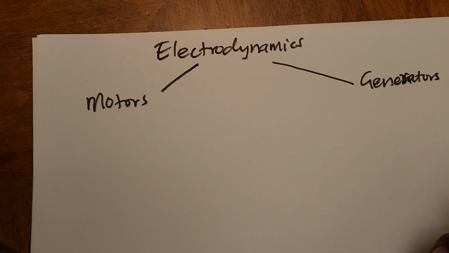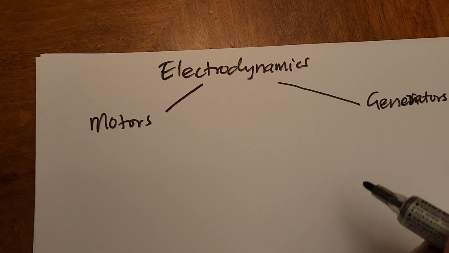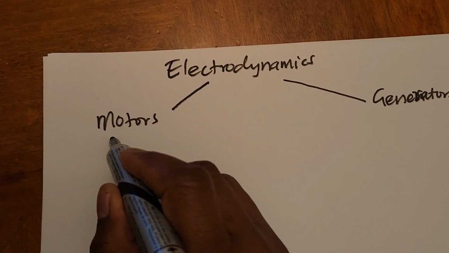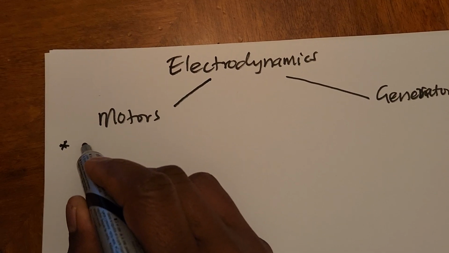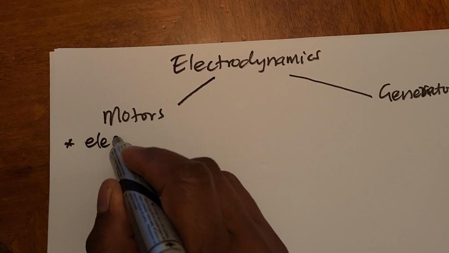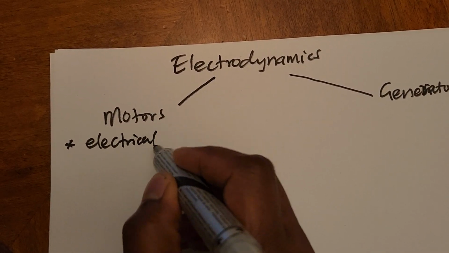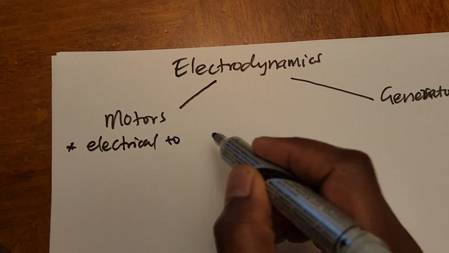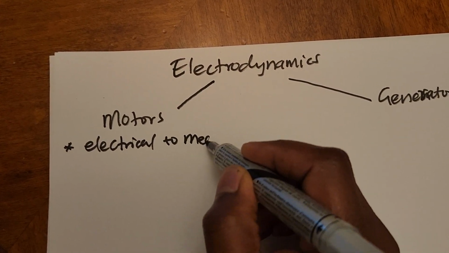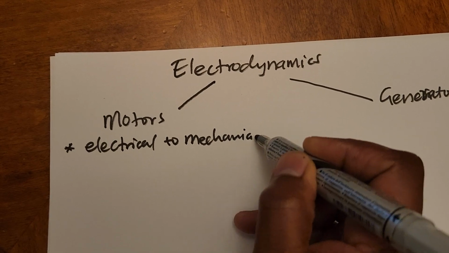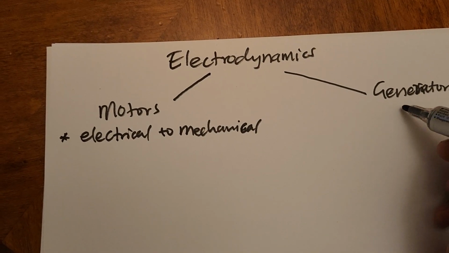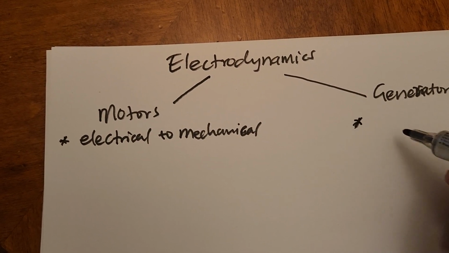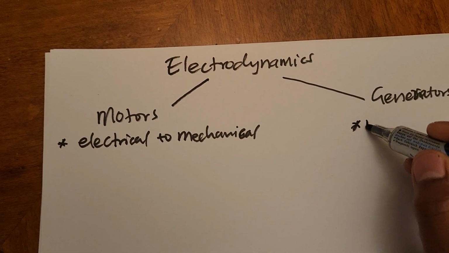Now, the simple difference between the two machines: in a motor, we are converting electrical energy to mechanical energy. And in the generators, we are converting mechanical to electrical energy.